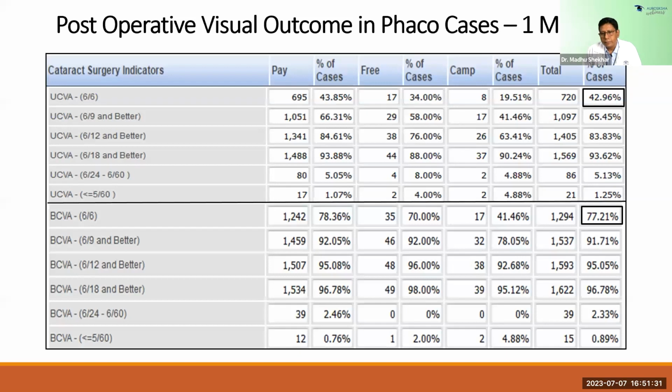If you record the vision of all patients and categorize them into different vision categories, like how many patients have gained 6/6 or better, how many 6/9 and better, how many better than 6/12, or how many better than 6/18, because you know that according to WHO, post-op vision should be better than 6/18 in more than 85% of patients. So if you capture all the data, then only are you able to analyze on a day-to-day, monthly or 3 monthly basis, so that you can analyze where you are.